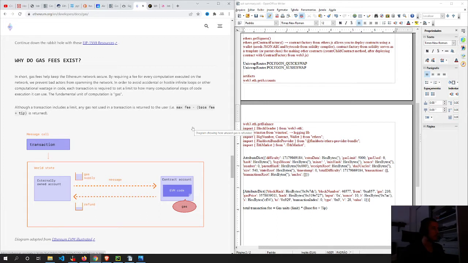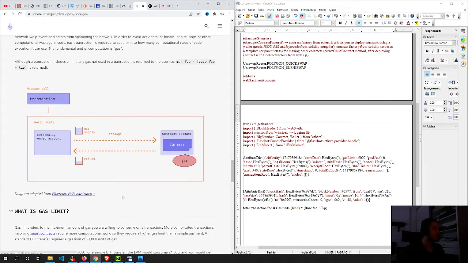We prevent bad actors from spamming the network in order to avoid accidental or hostile infinite loops or other computational wastage in code. Each transaction is required to set a limit to how many computational steps of code execution you can use. The fundamental unit of computation is gas. Although a transaction includes a limit, any gas not used in a transaction is returned to the user.